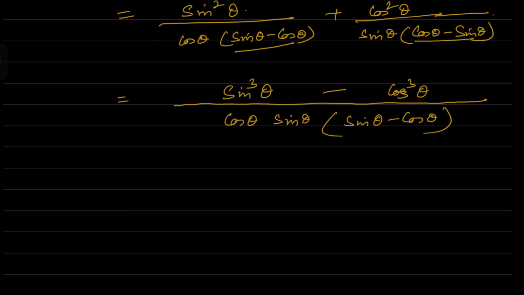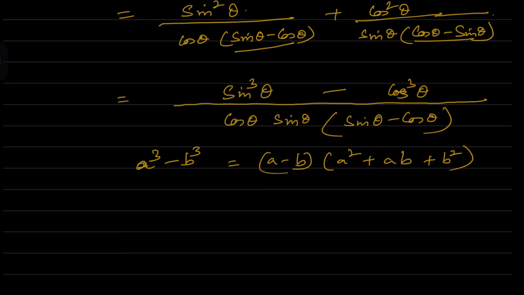So therefore this is equal to, what is a cube minus b cube? It's equal to a minus b into a square plus ab plus b square. So that only we are going to write here.